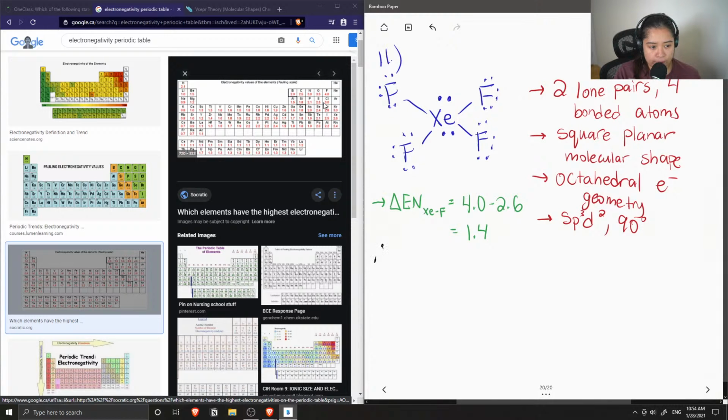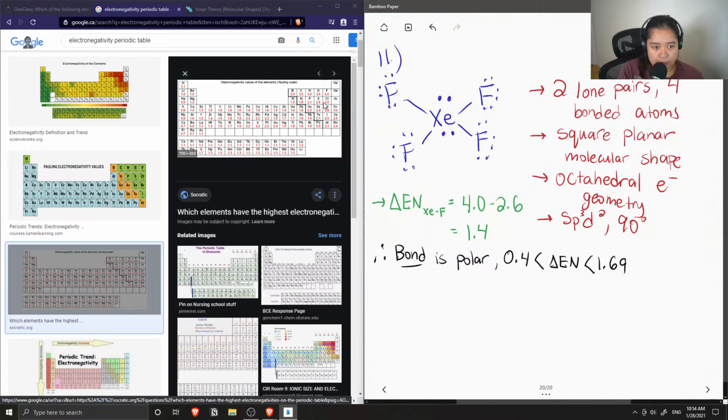So therefore, we can say that the bond is polar, and this is because our electronegativity difference is greater than 0.4 but less than 1.69.